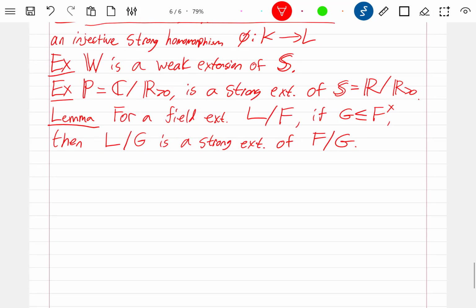So this is going to be one of the main lemmas in the proof of the main theorem.